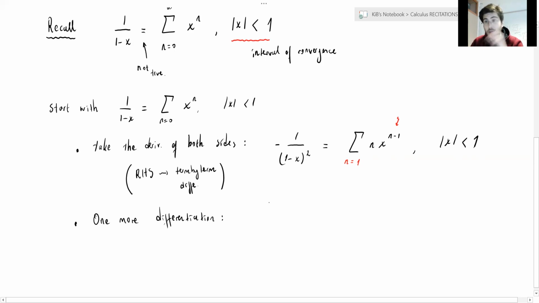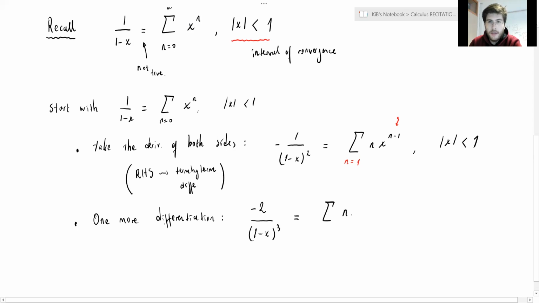Okay, let's see what we have. If you differentiate, of course you have 2 over 1 minus x cubed. Is that correct? I guess so. And similar here.